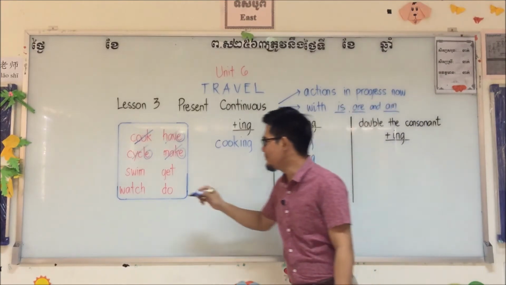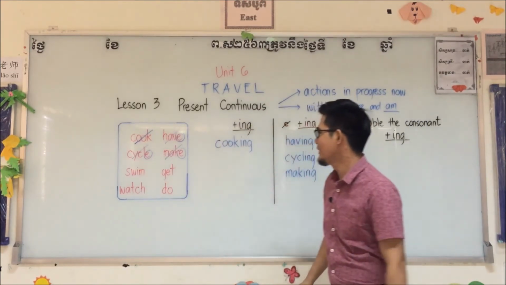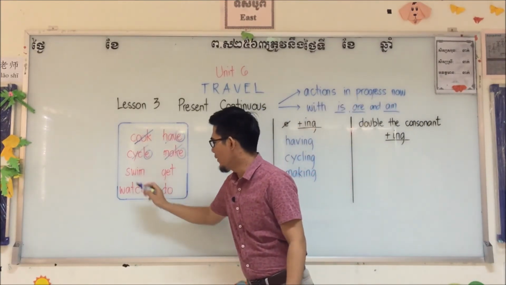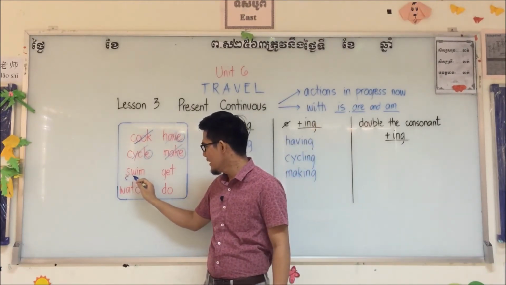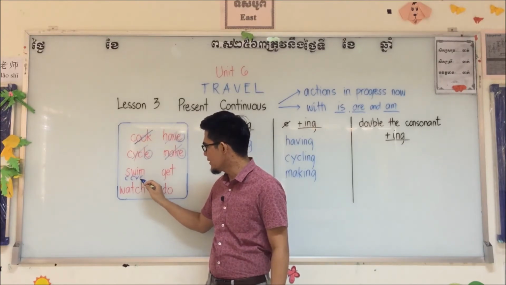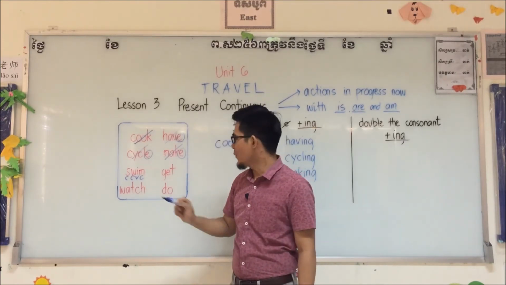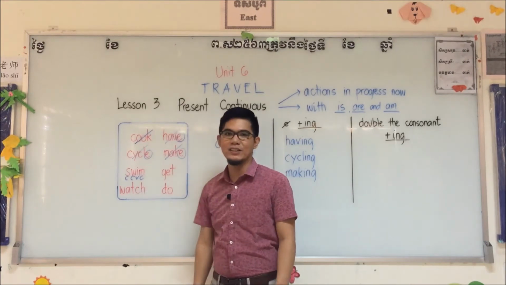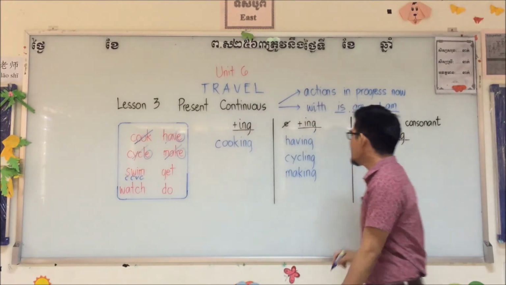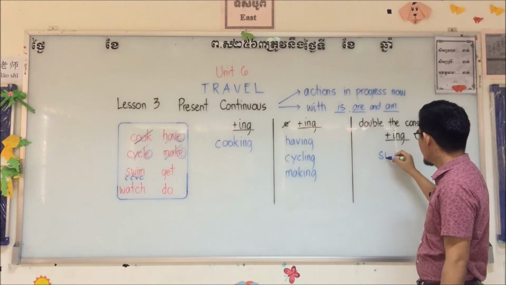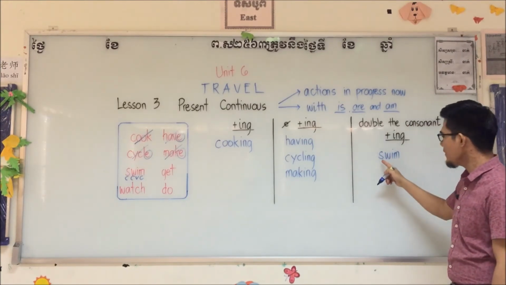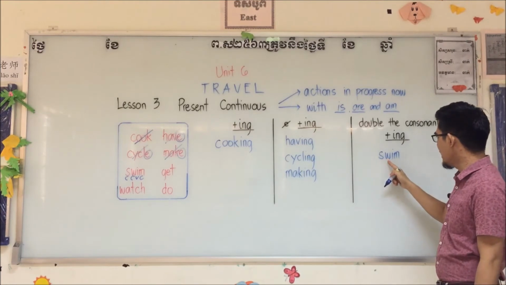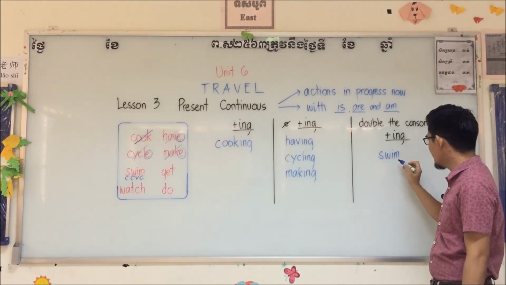Now let's move on. Swim. Now we have here a consonant, a vowel, and a consonant. That's why we need to double the consonant. I'll copy the word S, W, I, M. Again, consonant, vowel, consonant.